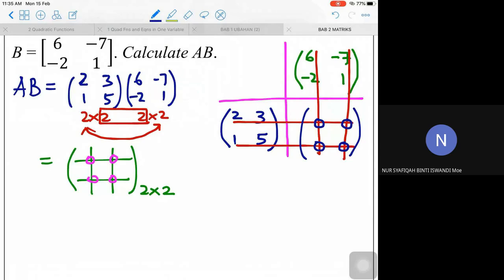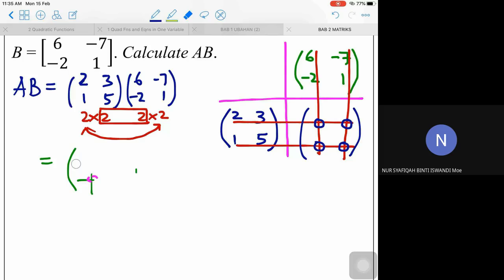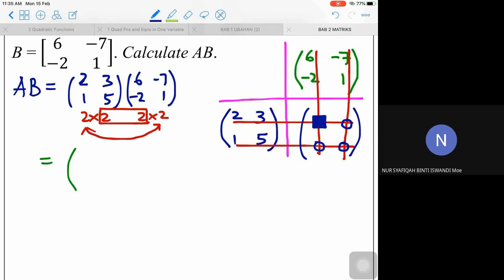Now we want to do the calculations. For the first element, element 1 1, how do we do the multiplication? If we look at the first one, I do the shading here. It is the first row and first column.